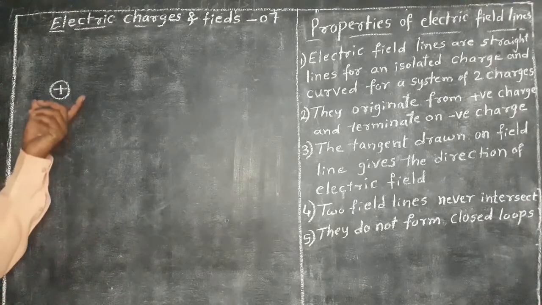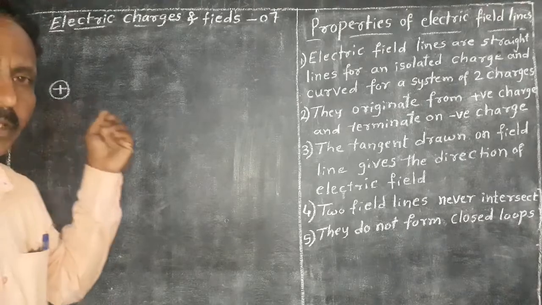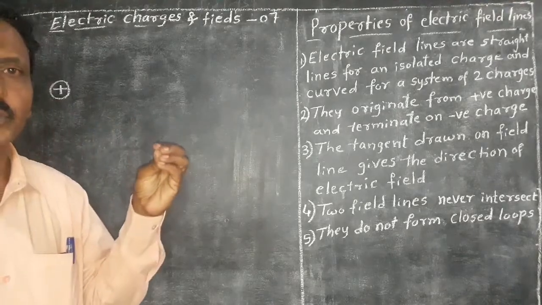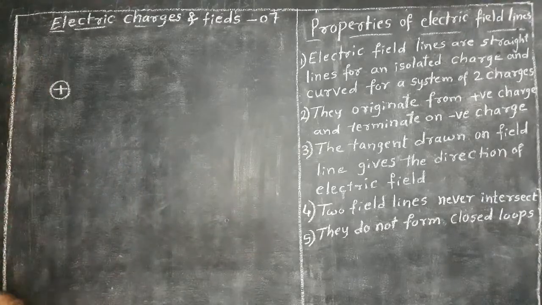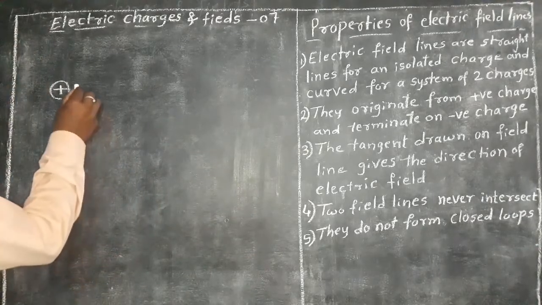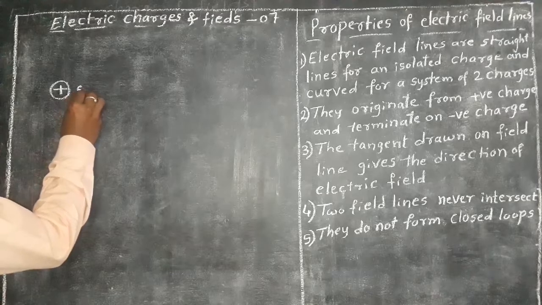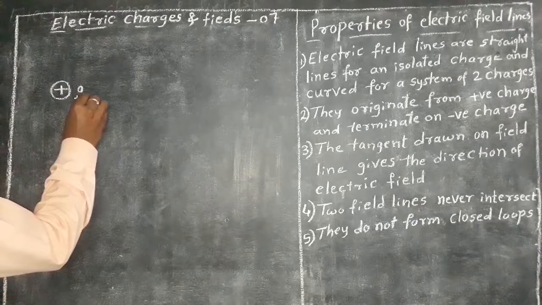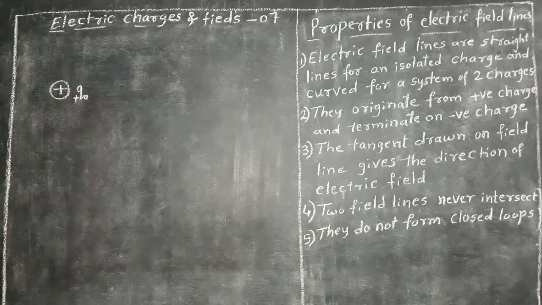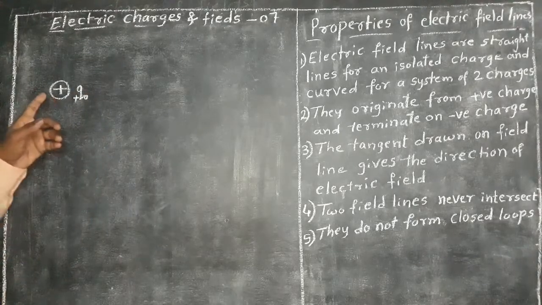Such a very small charge is called unit positive test charge. Consider a unit positive test charge. It is represented by plus Q naught, and let Q be the source charge.